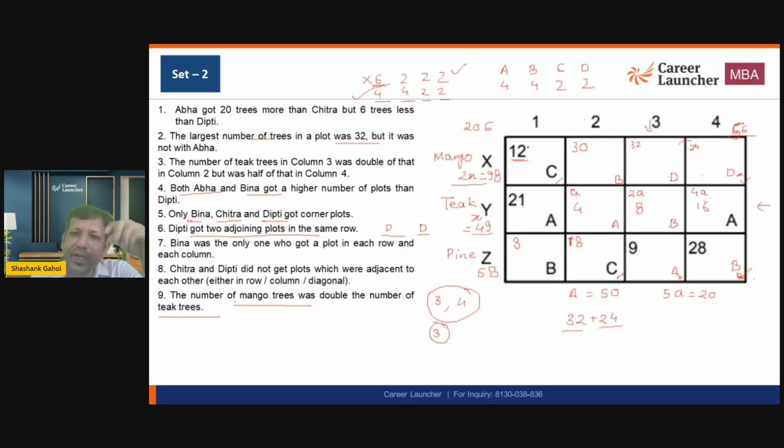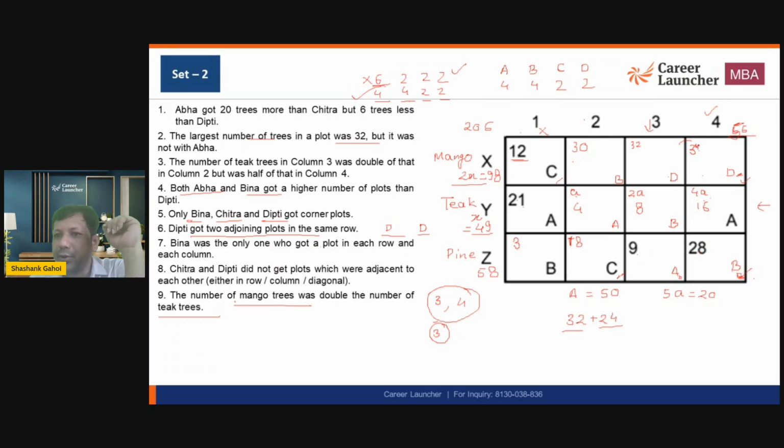Column 2 is definitely more than column 1, so column 1 cannot be the answer. 32 plus 8 plus 9, that is going to be 49. So column 2 is still greater than column 3. Now this is 24 plus 16, 40. 40 plus 68, that is column 4. Till now it is column 4.